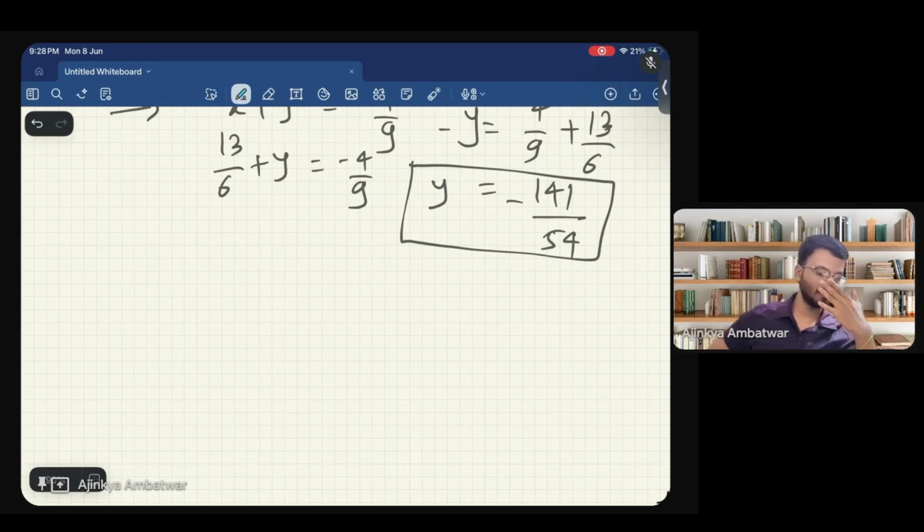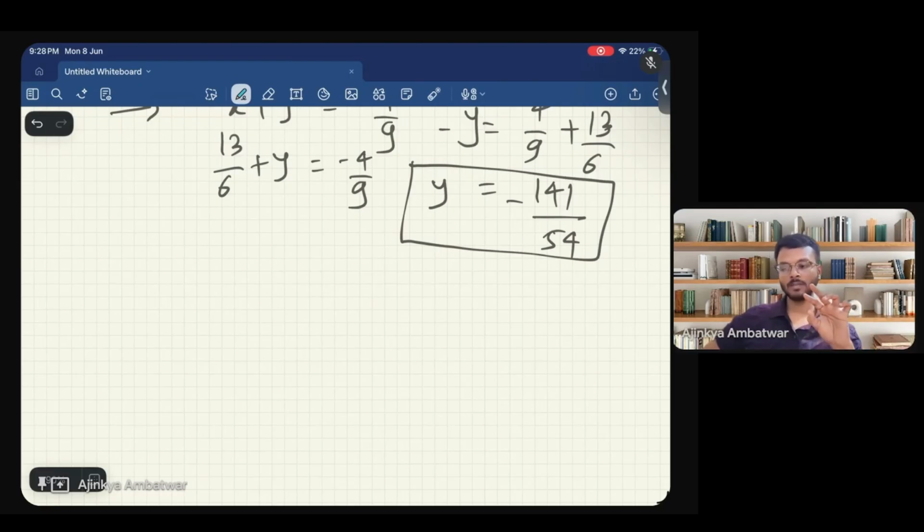Can you tell me if the difference of two rational numbers is always a rational number or not? You understood my question?